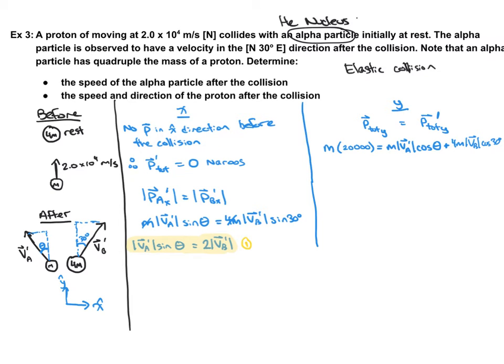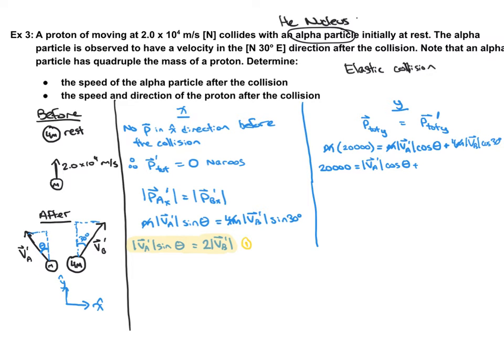All right, so that's the second equation actually. I can simplify that a bit. There's three terms here. They all have m in them, so that cancels out. So this simplifies to 20,000 equals velocity of A times cosine of theta plus 4 times cosine of 30.